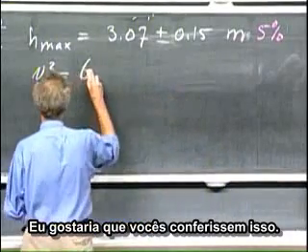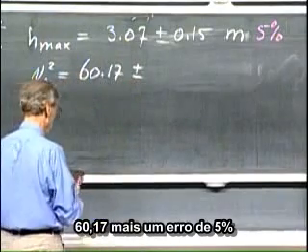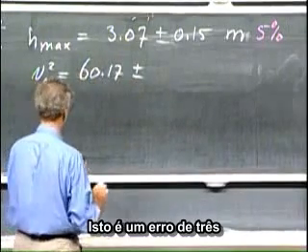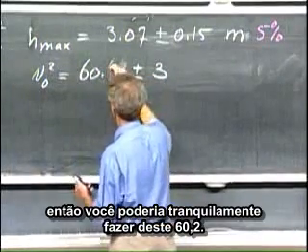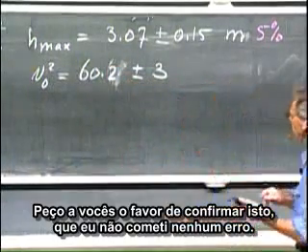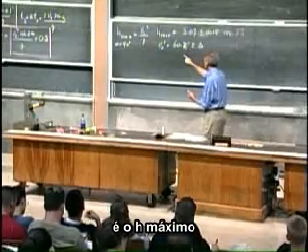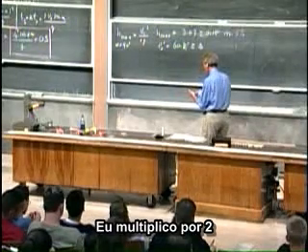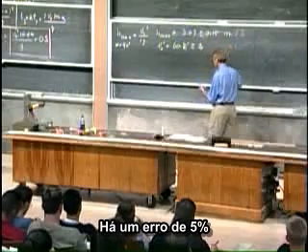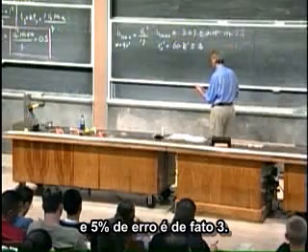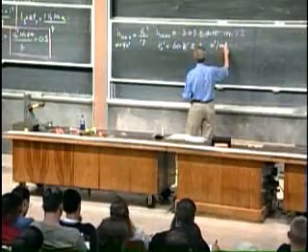I'd like you to check that. 60.17 plus an error of 5%. That is an error of 3. So you might as well make this 60.2. Would you please confirm that I didn't make a mistake? 3.07 is h max. I multiplied by 2, by 9.8. The 60.2 is a 5% error, and a 5% error is indeed 3. This is meters squared per second squared.